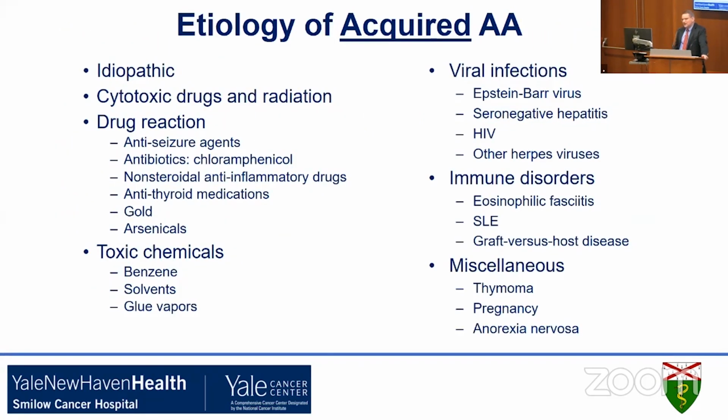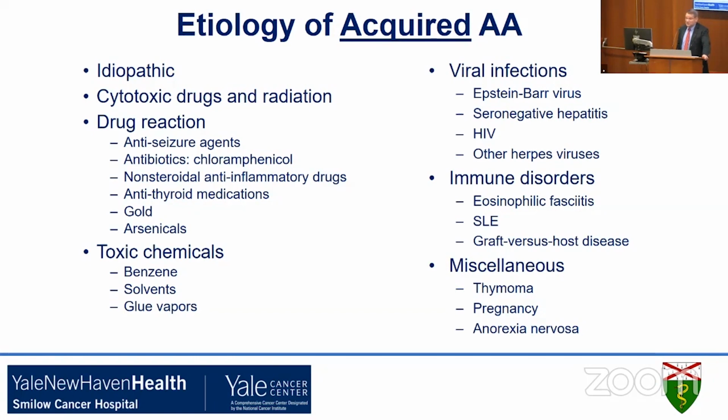So the patients with acquired aplastic anemia develop this condition for a number of reasons, but most commonly it is so-called idiopathic acquired aplastic anemia. This is when we cannot say with certainty why this condition developed. More than half of the patients with acquired aplastic anemia will have this subtype, idiopathic.